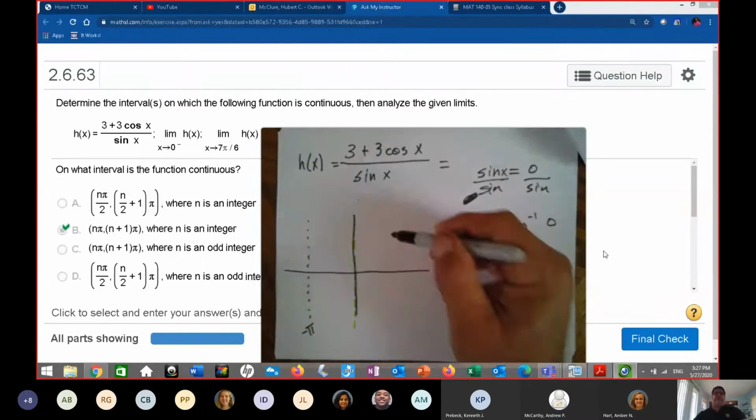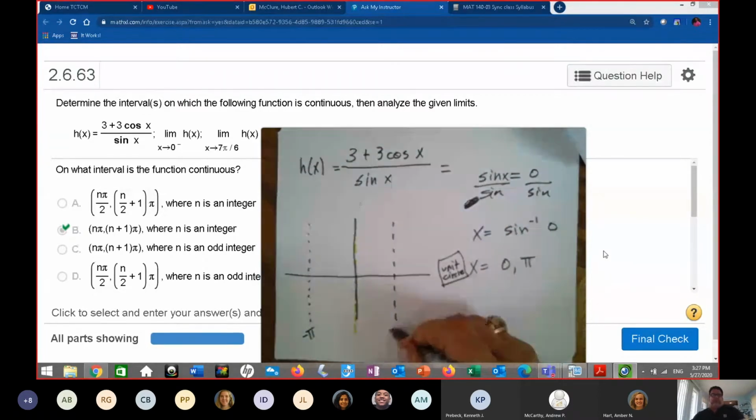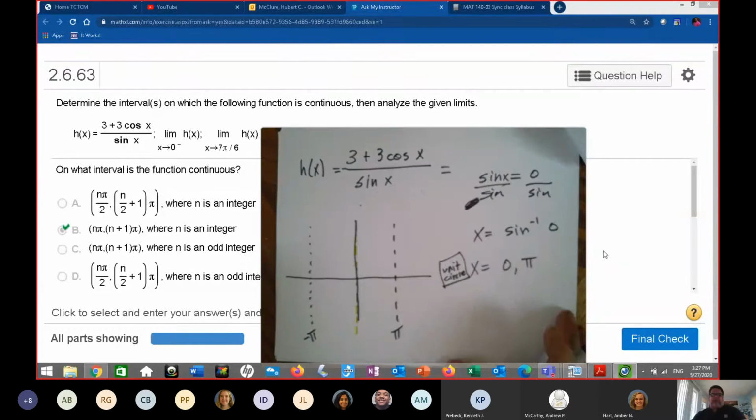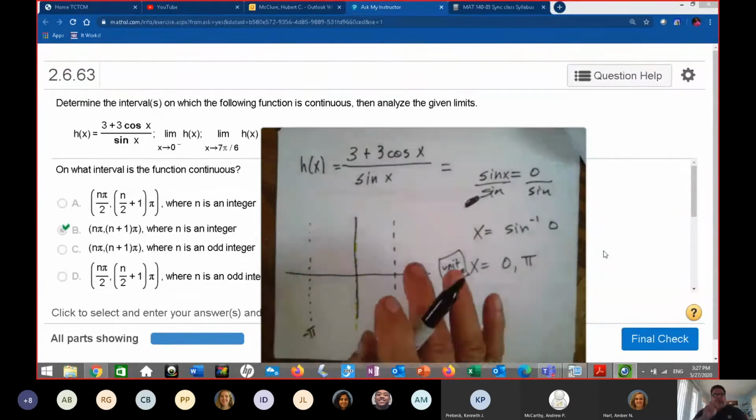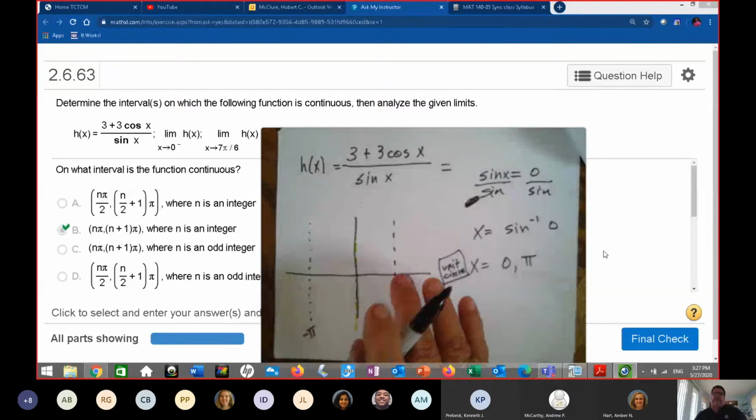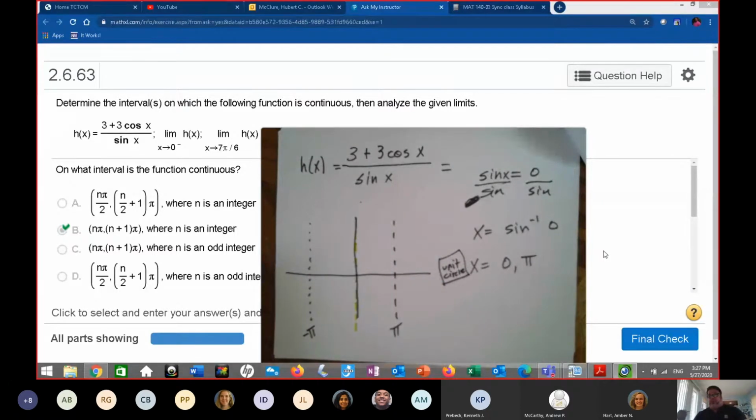Okay, now the reason I'm showing you this is because I can't remember who sent this question, but I guarantee you, when you look at that problem, the first thing you're going to think is, I have no idea how to do this. When you ever reach a problem like that and they're giving you a function, the first thing you need to do is what I'm doing right here: dissecting the function, finding out what you know about the function, and then once you get there, then you can attack the question.